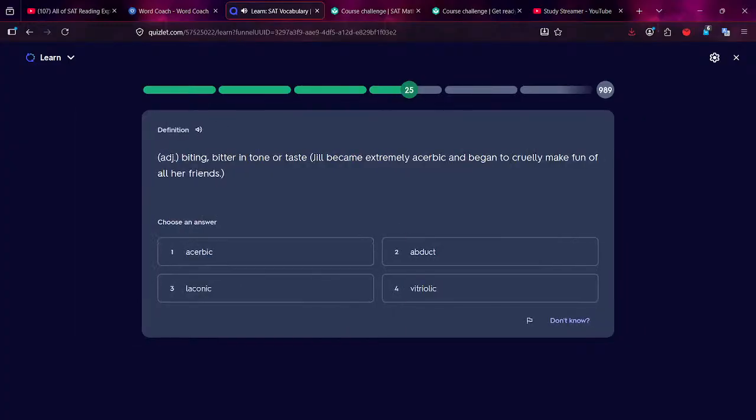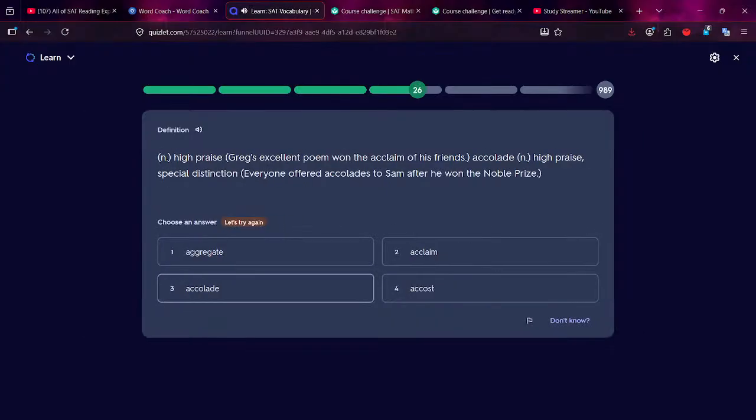Biting, bitter in tone or taste. If it's not going to be a duck, it's not going to be acerbic. That could be it because acidic sounds like that. And all our words start with an A so far.